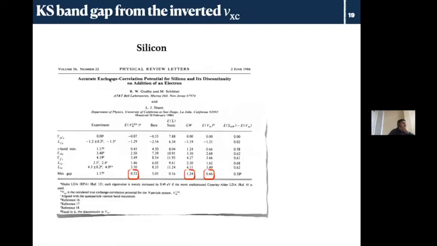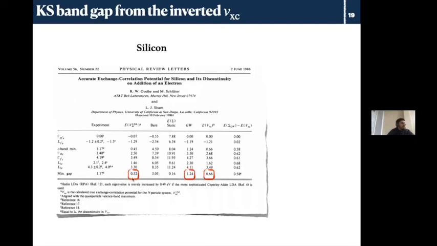Here I show an old study from Godby, Schluter, and Sham, where they construct an accurate VXC for silicon. The way they did it is to use GW to approximate the self-energy. Then they invert the Sham-Schluter equation to get the VXC that corresponds to this accurate approximation for the self-energy.